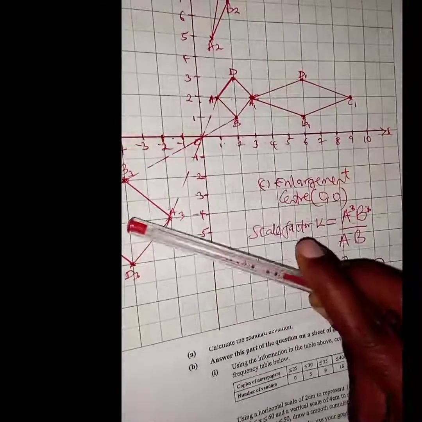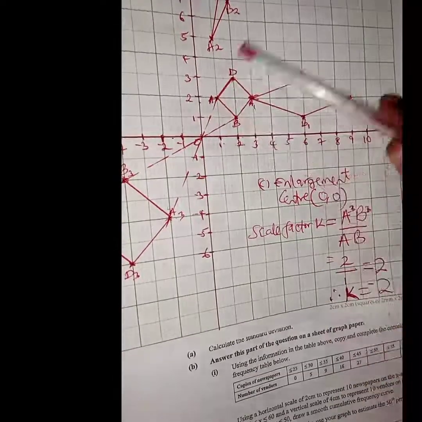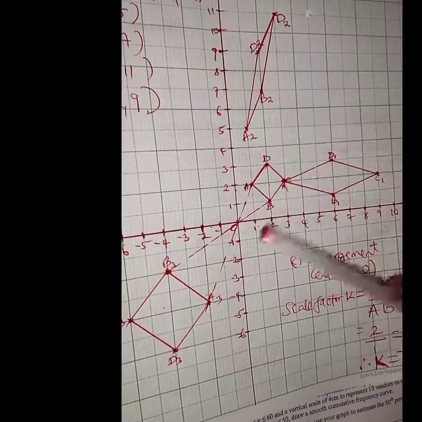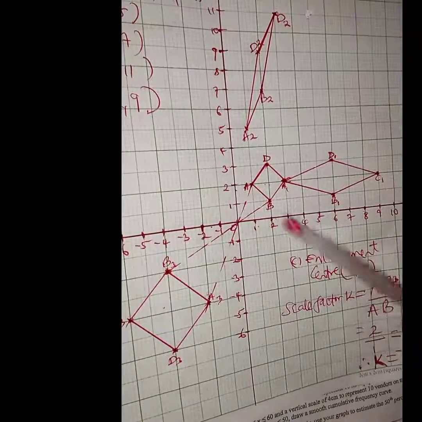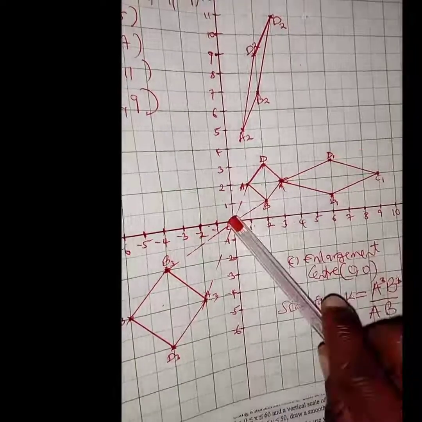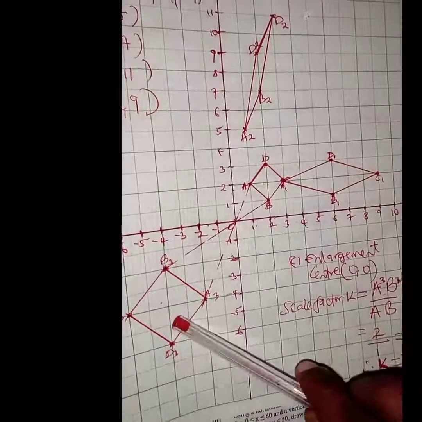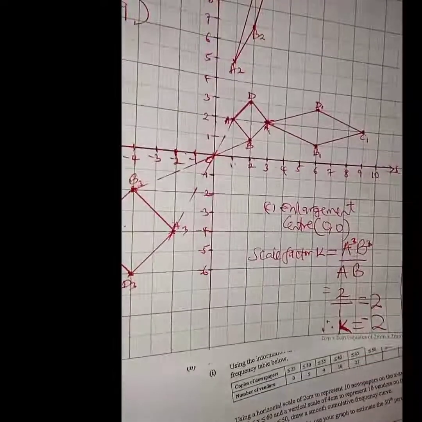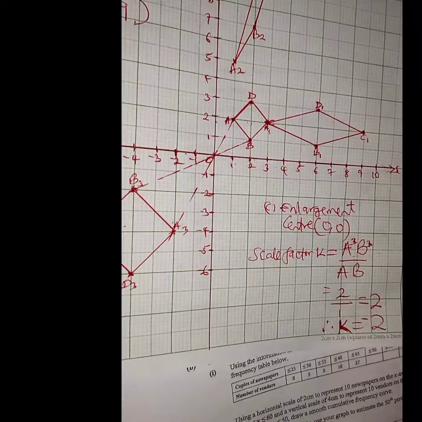If the image and the object were on the same side, we would put positive. Now they're on different sides. As you can see, the center is here, but they're on different sides. We put negative on our scale factor. So here, the scale factor is -2. This is what you're supposed to do.